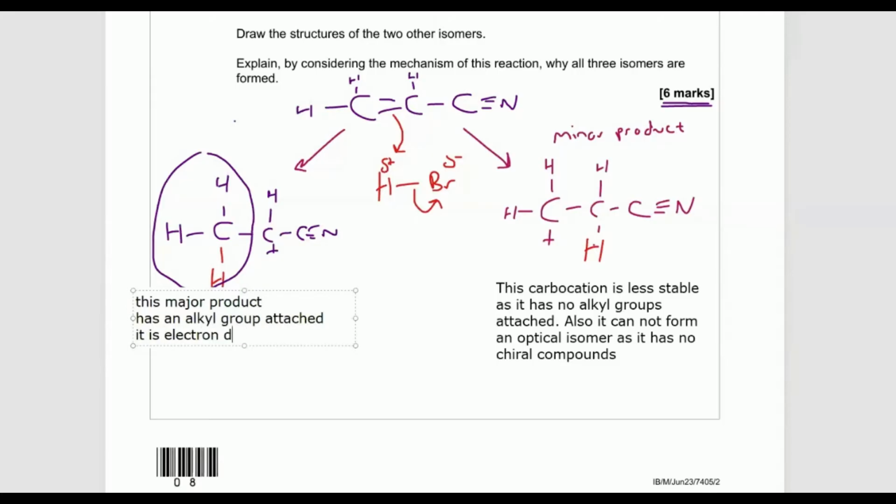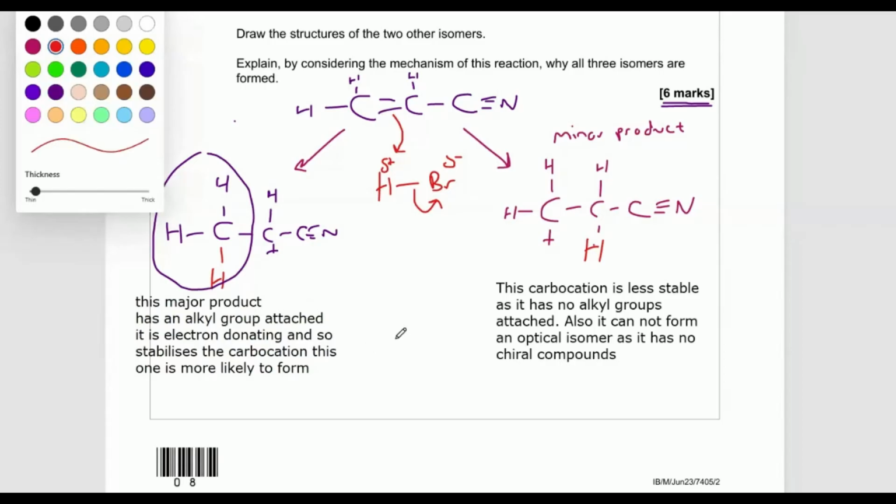And that means that when the bromide ion attaches, you're going to get 2-bromopropanenitrile. And this is going to be much more common because this carbocation is the more likely one to form. So you're much more likely to get 2-bromopropanenitrile than you are 3-bromopropanenitrile.